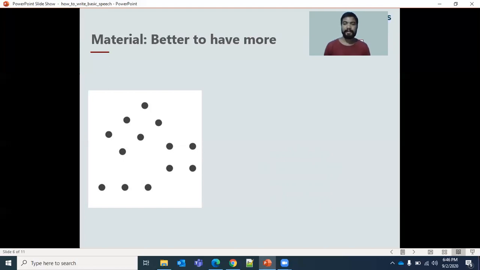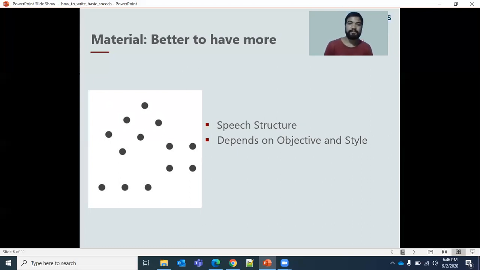So write more stories or content, and after that cut it down. It depends on the speech structure, the objective of the speech and the style which you are taking.